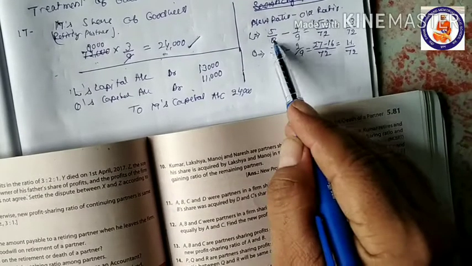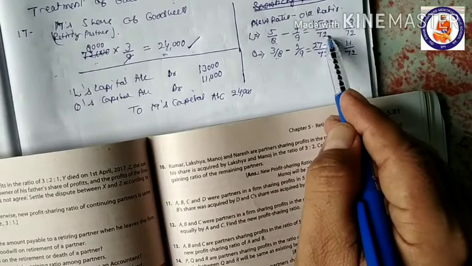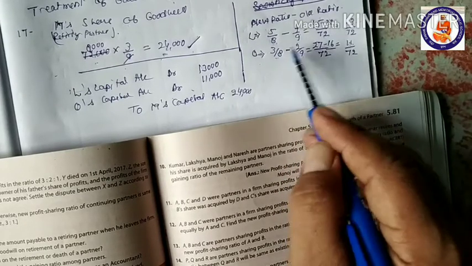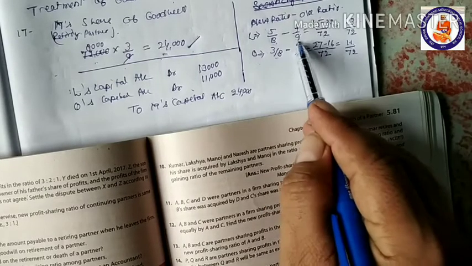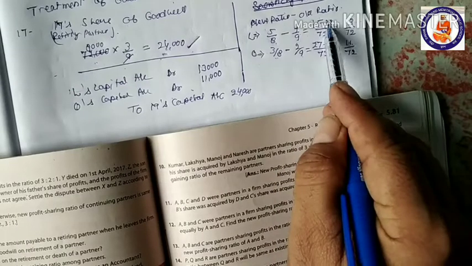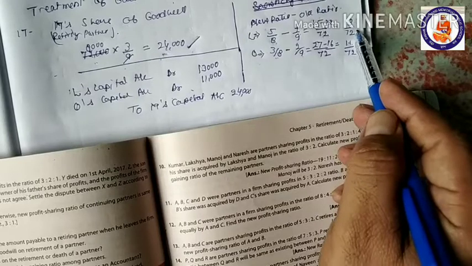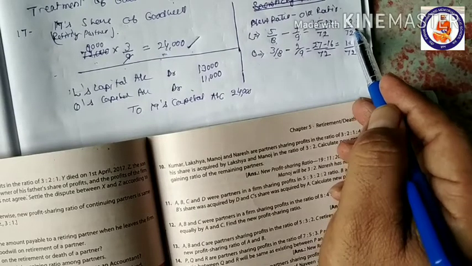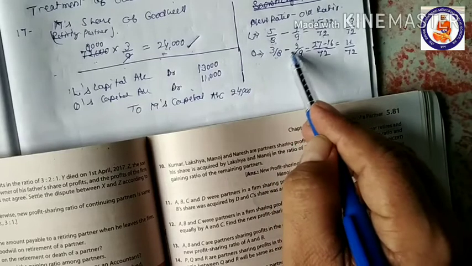So L's old share is 4 upon 9, and O's share is 2 upon 9. New share minus old share: when we take the LCM, it comes to 72. 5 times 9 is 45, and 4 times 8 is 32. When we deduct, it comes to 13 upon 72, which is the gain of L. Then for O, 3 upon 8 minus 2 upon 9.